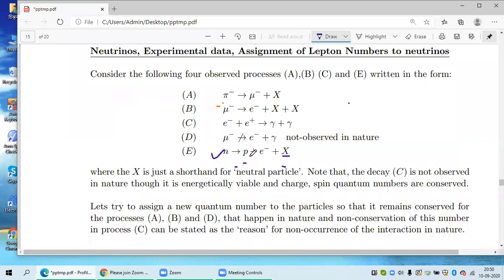And the answer to the question of what the fundamental interactions in nature are, we also get based on this exercise of lepton number assignment. Later we will see more how this is a very interesting subject.